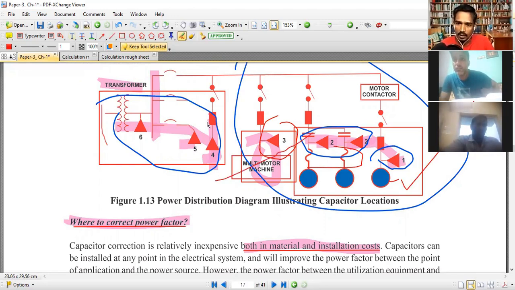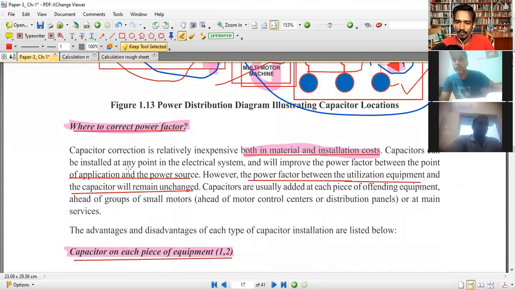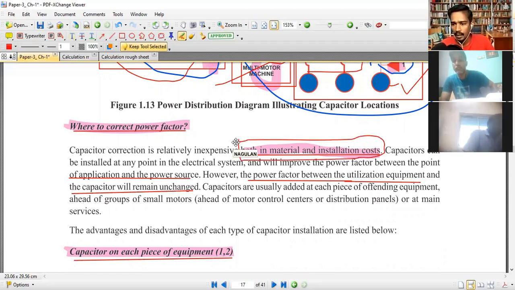This is the source side, where we will see what the benefits are. Once you install the capacitor, you have to keep in mind that everything has a material and installation cost. Material cost is high and installation cost is also high. So if you plan a capacitor investment, you have to consider this cost also.